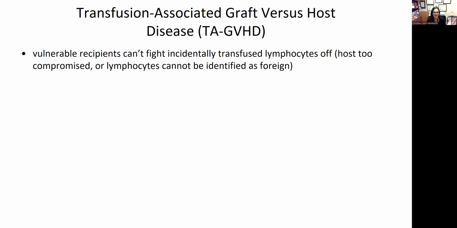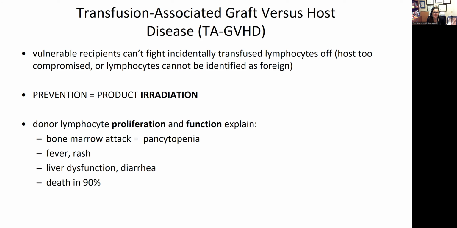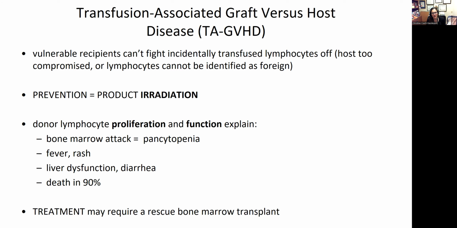And finally, some words on TAGVHD, which was discussed at the very beginning. We mitigate this by irradiating cellular blood products. This is a proliferative engraftment of viable lymphocytes that mounts an attack against virtually every HLA-expressing tissue in the host, explaining the marrow burn of pancytopenia, fevers, rashes, hepatic dysfunction, diarrhea, and death in 90%.